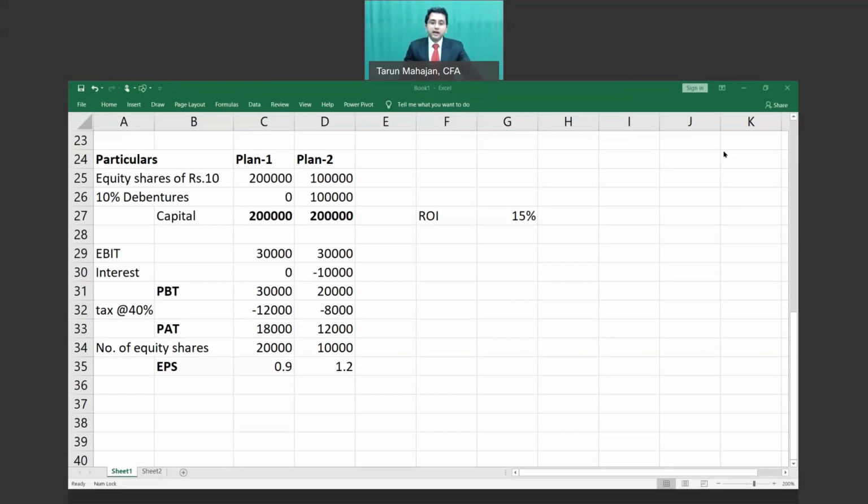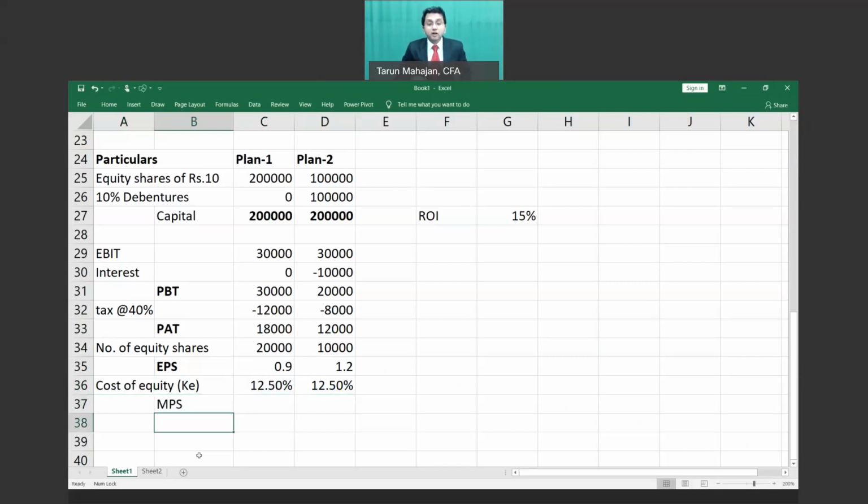What is value? Value is equal to performance divided by expectation. So this is actually the performance of the company. What about expectation? So now I will divide it by cost of equity, say KE. Suppose cost of equity, in both cases, is say 12.5%.